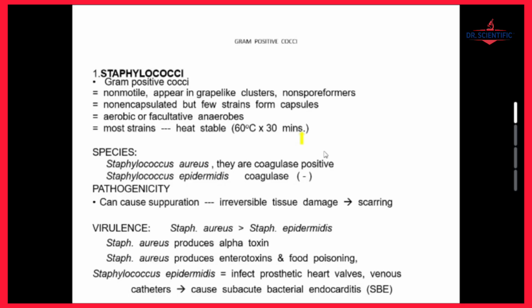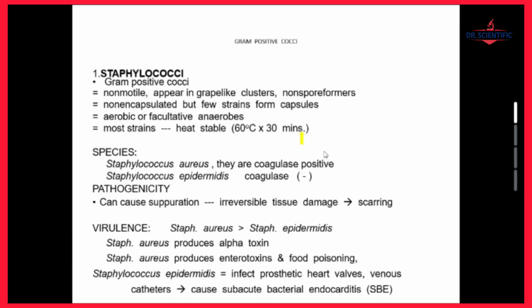Then how do you differentiate? The shape and gram staining is not able to differentiate. You have to go up to what we call a biochemical level, where one is coagulase positive and the other one is coagulase negative. In terms of pathogenicity, which kind of disease can we expect from these bacteria, Staphylococci?